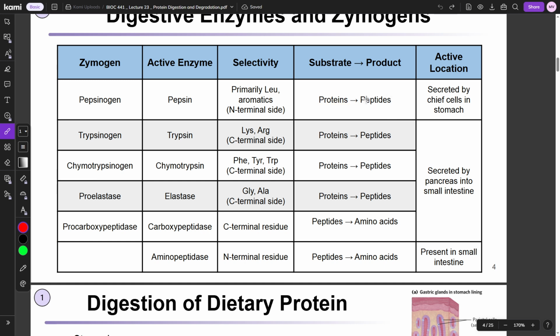And then the small intestine is where there is a little bit of protein to peptide, but there's also peptide to single amino acids, so it's like a mix of things. So these are secreted by the pancreas into the small intestine, and these are just present in the small intestine normally. So the aminopeptidase is just present normally.